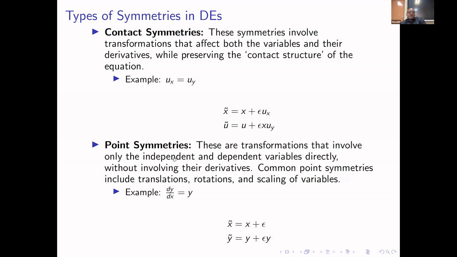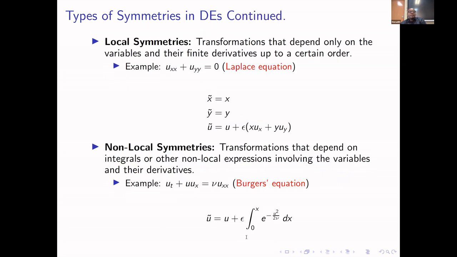Now for point symmetries, these are the transformations that involve only the independent and dependent variables directly. So there is no derivative involved here. If you look at, for instance, this first order ODE, the transformation only involves both independent and dependent variables.